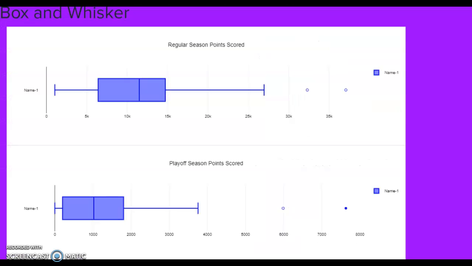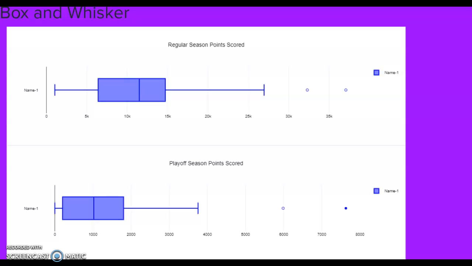And then the box and whisker plot: the top one was regular season points scored, and the bottom one was the playoff points scored. This shows that both of them had two outliers. However, the playoff outliers were much further outside the interquartile range, and for the regular season, the whiskers extend a lot further than for the playoff points scored.